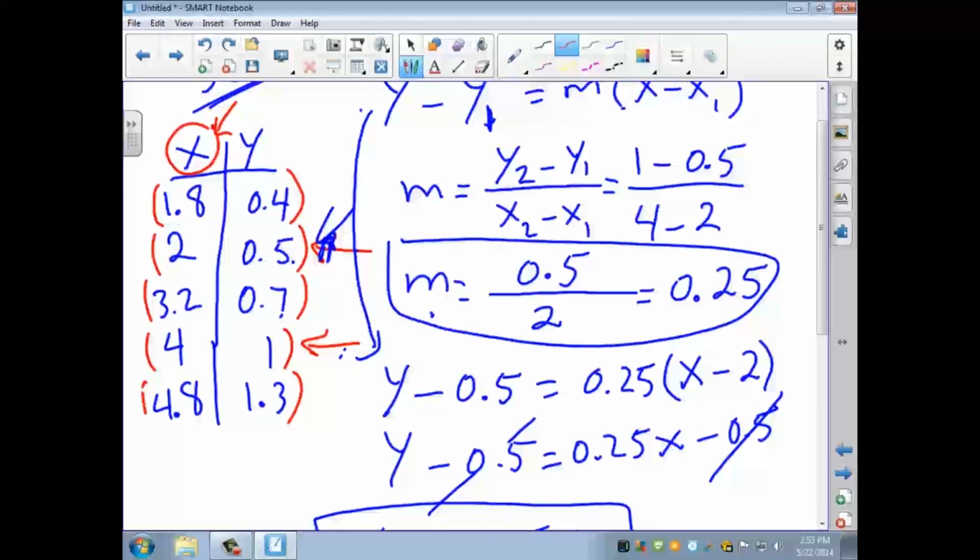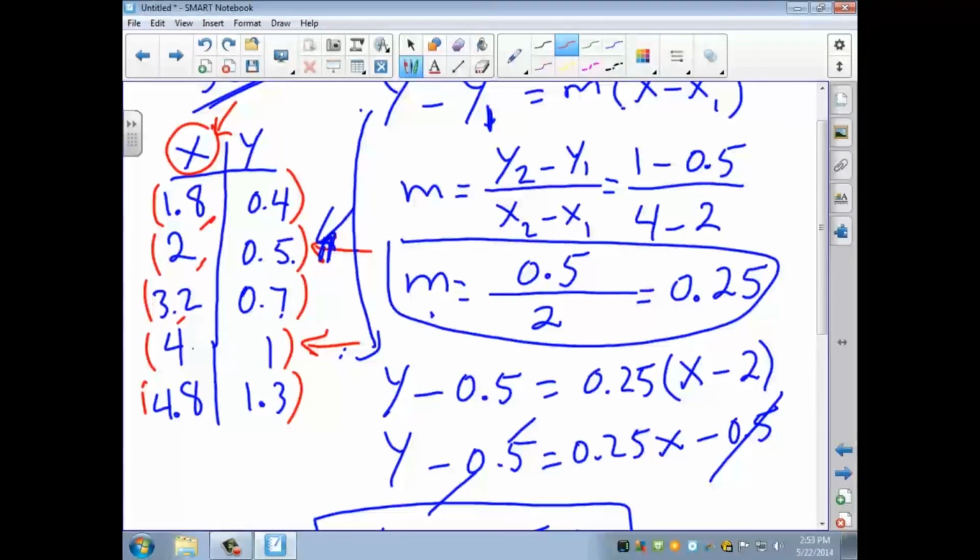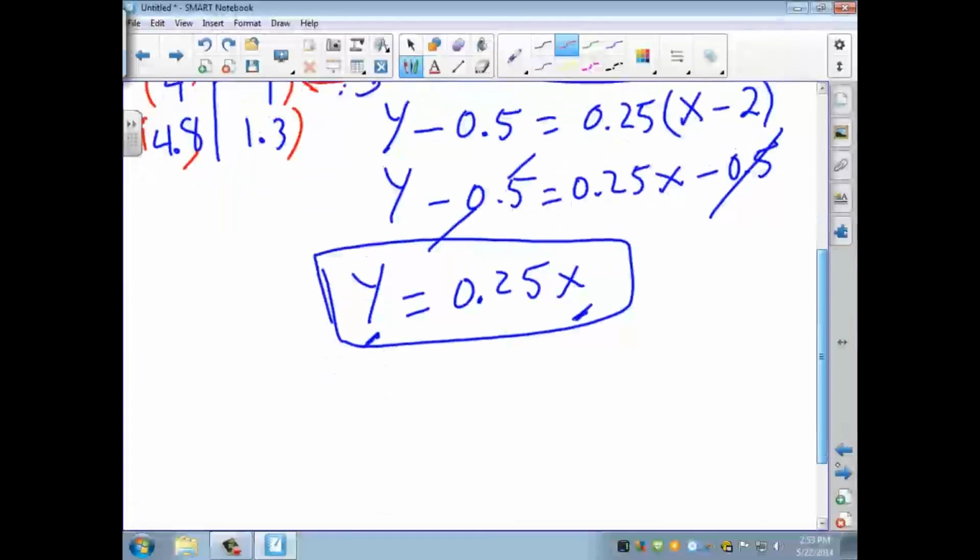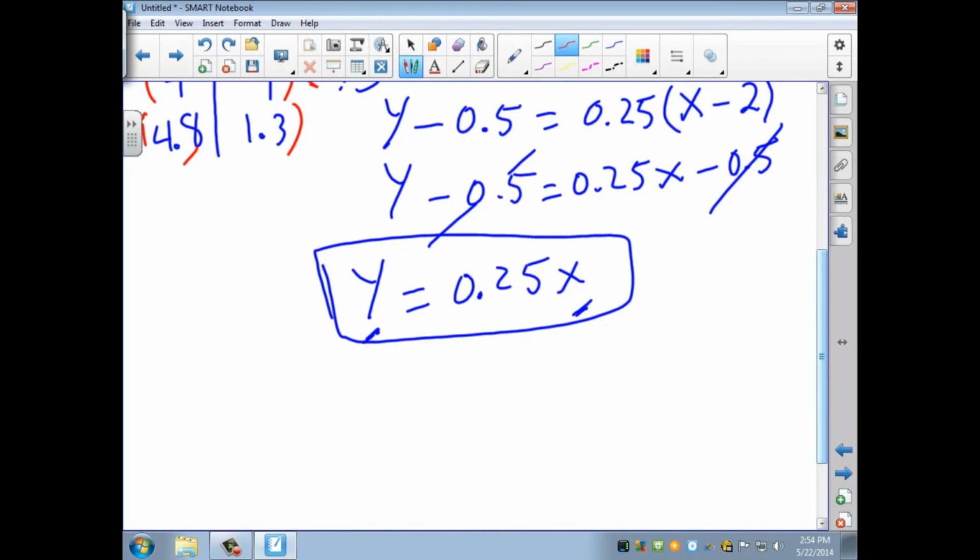So 1.8 thousand, 2,000, 3.2 thousand, 4,000, 4.8 thousand. So when we plug in for X, you don't put the whole 6,400. X in this case would be 6.4. Therefore, Y would be equal to 0.25 times 6.4.